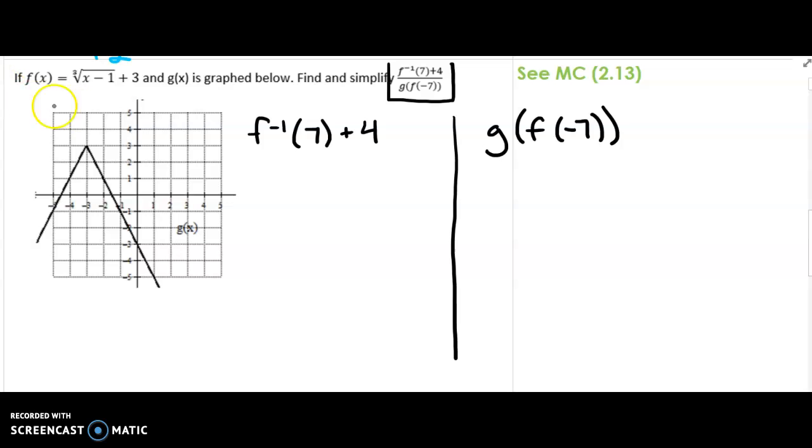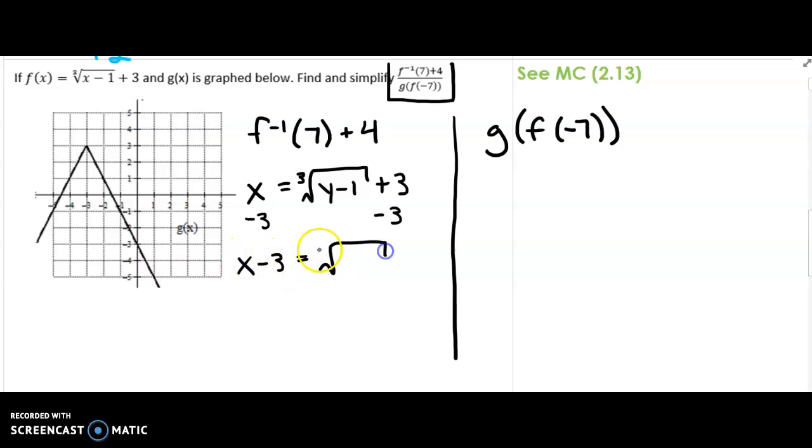We're taking our normal function f of x, switching our x's and y's, so x equals the cubed root of y minus 1 plus 3. Subtract 3 from both sides. So x minus 3 is equal to the cubed root of y minus 1. Because we're taking the cubed root, to cancel that out we need to cube both sides, so take both sides to the third power.